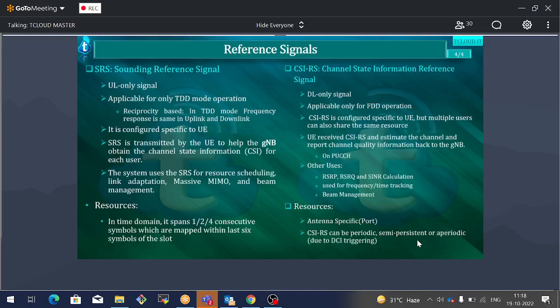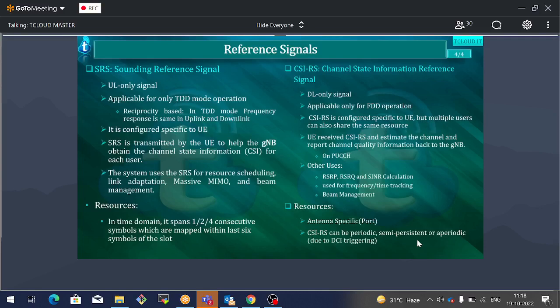But why is it only applicable for TDD mode, and what is the logic behind it? This SRS is also called a reciprocity based reference signal. The meaning of that is that in TDD, we are using a single frequency.